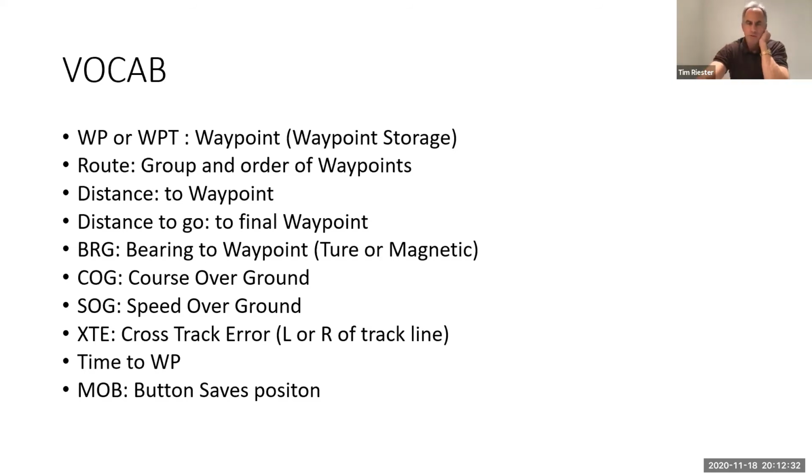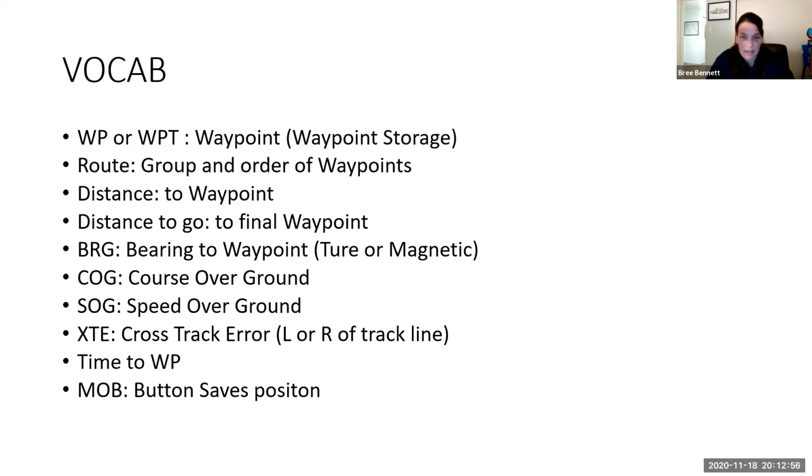So essentially, the waypoint would be on your chart, and you would see 60 degrees towards that waypoint, and you are most likely somewhere along that line, because you want to be headed towards your waypoint. Hopefully you're headed towards your waypoint.